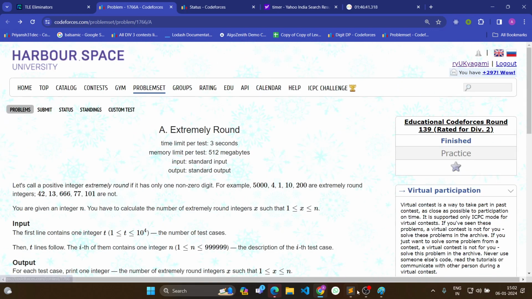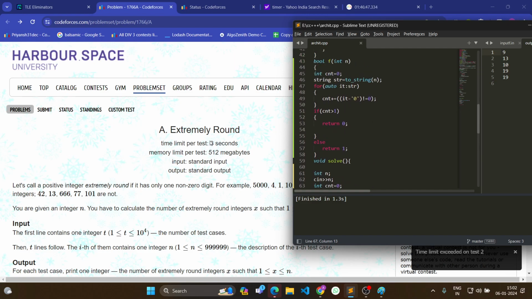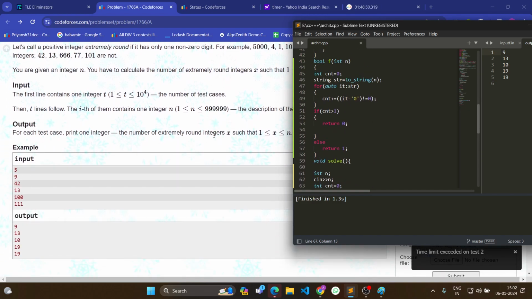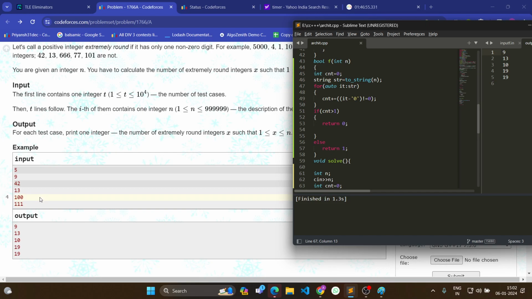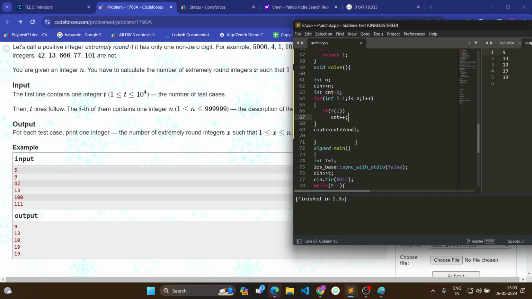I feel like yeah, I got a TLE. So the thing is, I can skip a lot of things. So this all gives a TLE at the second disk itself.